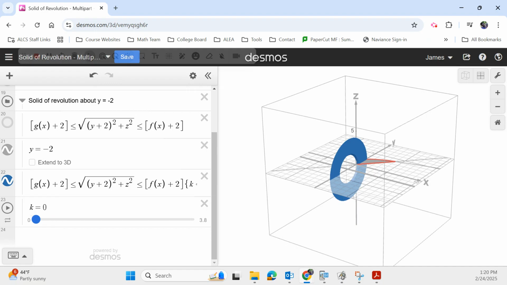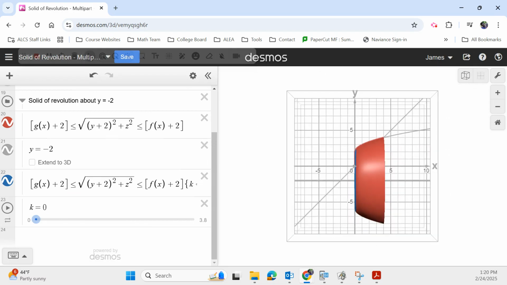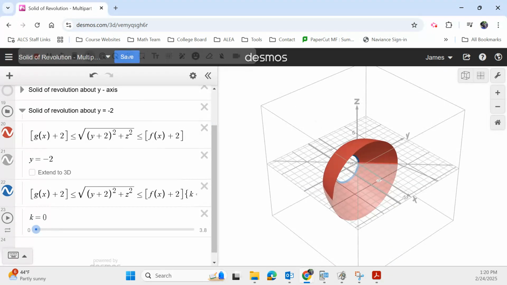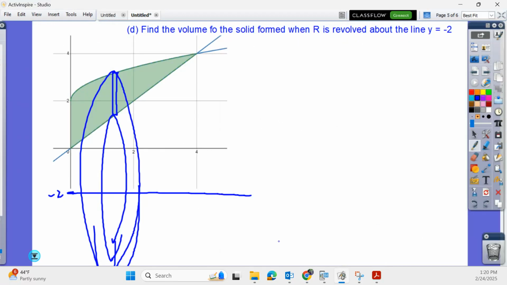And this is like adding together all these little washers to fill out the entire volume of that solid. That's what the solid looks like. Just like that.